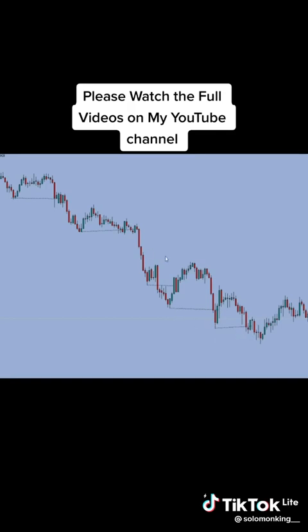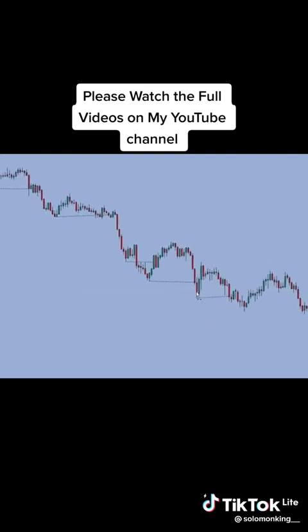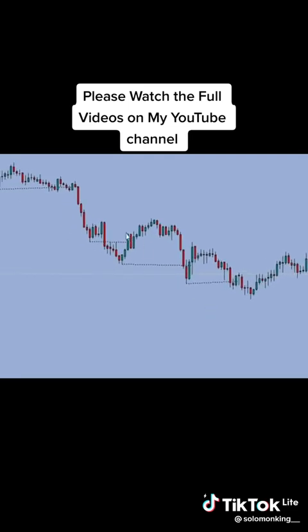So what we do in PD array is to patiently wait for the retracement to come before we take our trade. For example, what we see right here, once we see this break of structure, assuming the one that just played out on the right-hand side did not play out, and we've only seen this break of structure from here, it broke structure to this level and retracement is coming in.